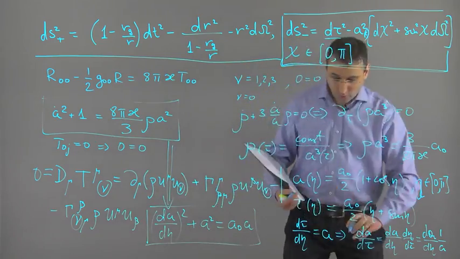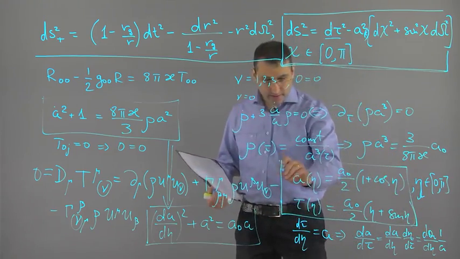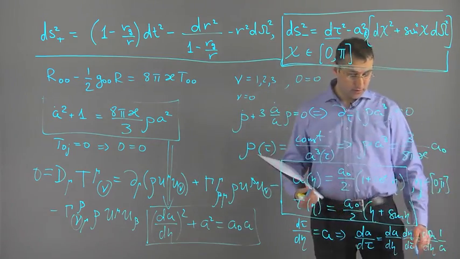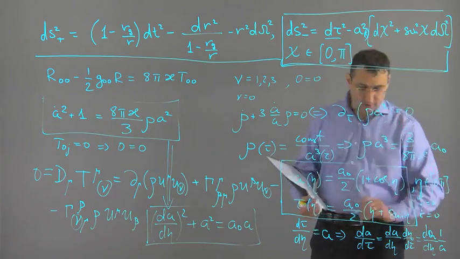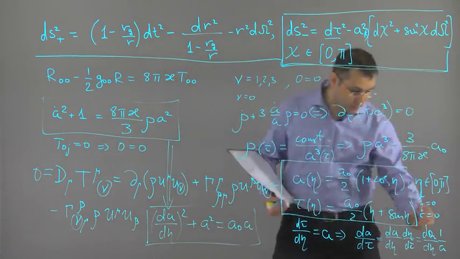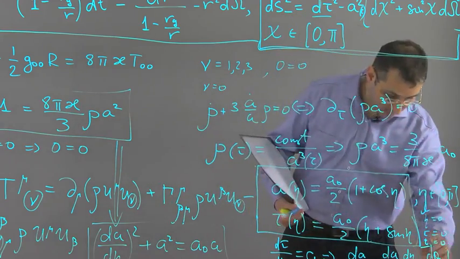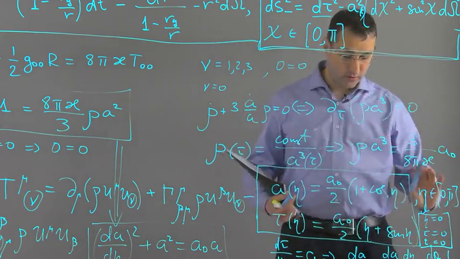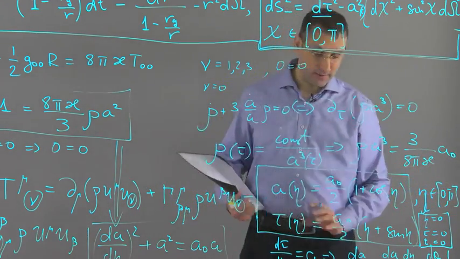Now, what does this solution describe? When eta is equal to 0, tau corresponds to 0 also, which is the time equals 0. This is the moment of time when the collapse begins, when all the thermonuclear fuel is spent, pressure is switched off, and the collapse starts.